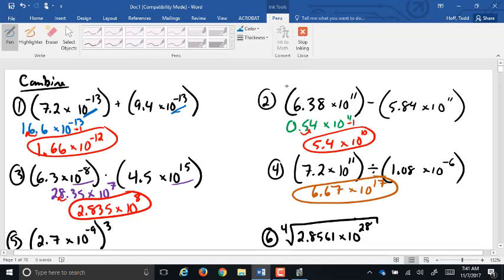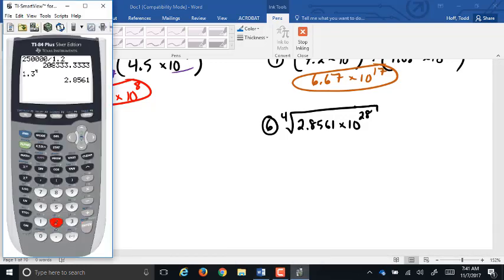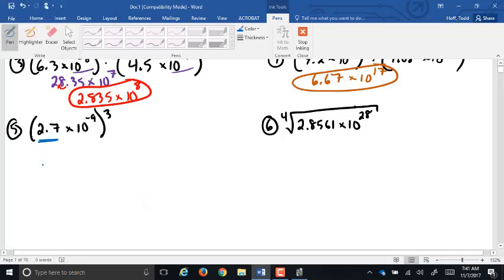Exponents. Well, we start out, we take the count to the power of 3. 2.7 to the power of 3 is 19.683, times 10 to the, well, the negative 9 to the power of 3 is negative 27.